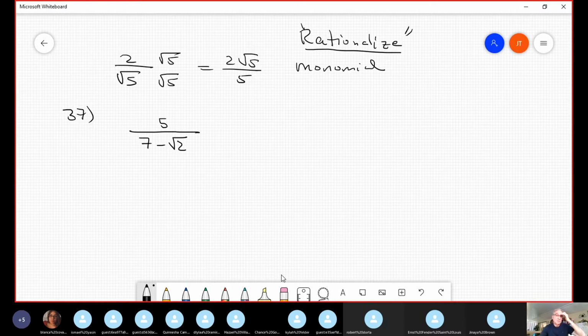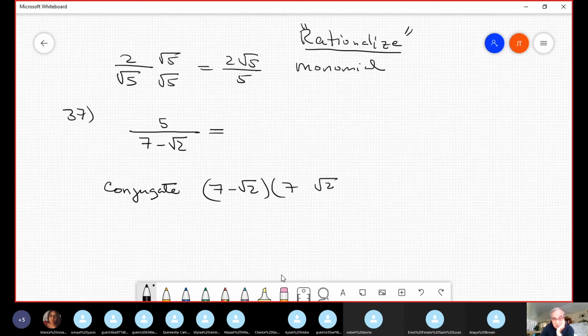Rationalize, remember, means eliminate the radical at the denominator. I need to find an equivalent expression, but without a radical at the denominator. So what is the technique? Well, the technique uses something called a conjugate. Suppose that you have 7 minus radical 2.